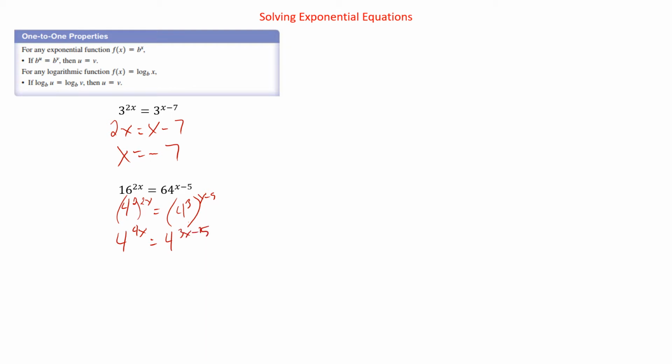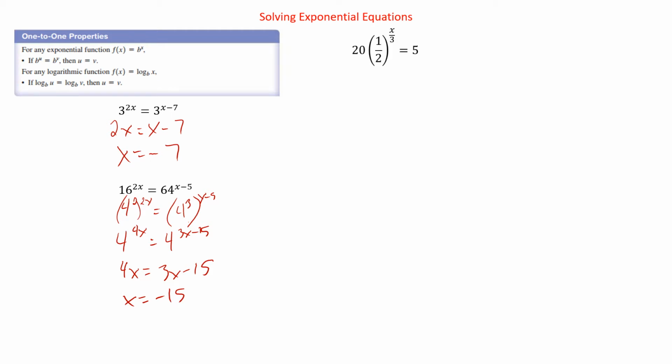Now, it looks kind of like that first problem. The bases are the same. That means that 4x has to equal 3x minus 15. We can subtract the 3x over to get x equals negative 15. So we can force them into that situation.